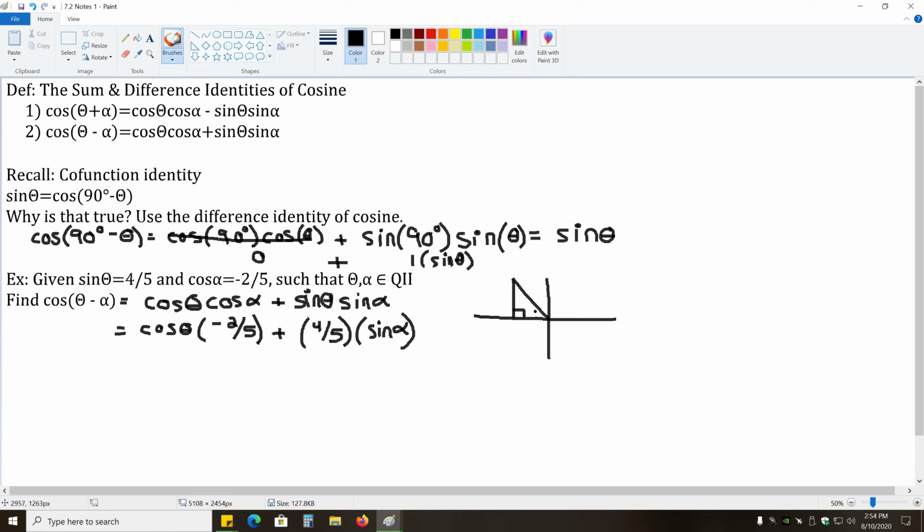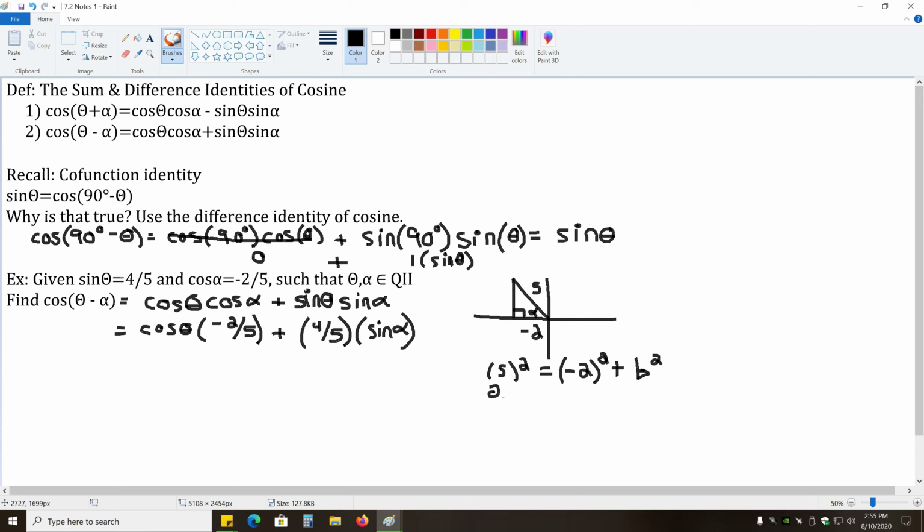And now that we have this with our angle alpha, cosine of alpha equals -2/5 means the adjacent side has to be -2 and the hypotenuse has to be 5. So how can we find the opposite side? Well, with the Pythagorean theorem that says you take the hypotenuse and square it, and that's equal to the adjacent squared plus the opposite squared, which we'll just call b.